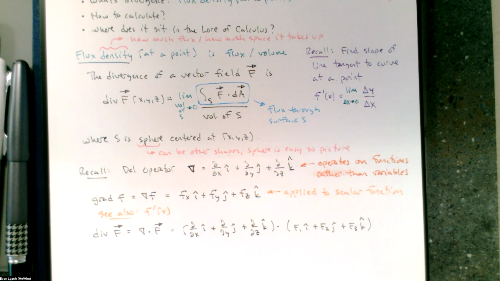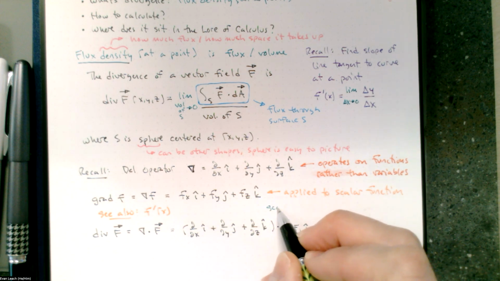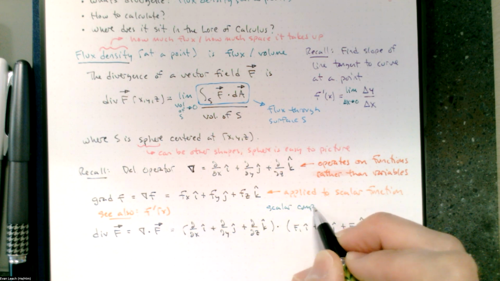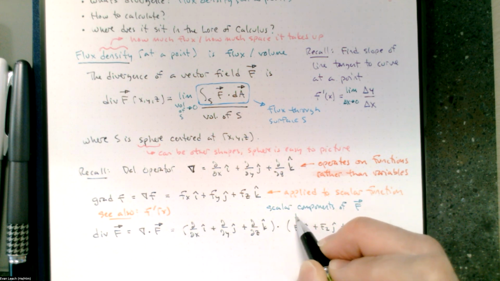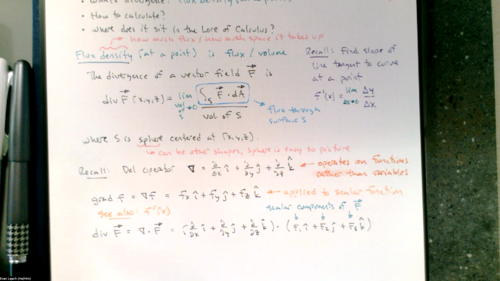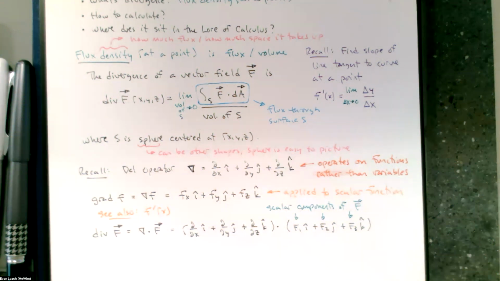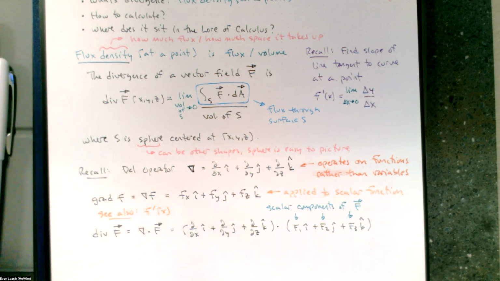I didn't specifically state that the vector field had the three scalar components f1, f2, and f3, but f1, f2, and f3 are scalar functions that are components of the vector field f. And we should note that f1, f2, and f3 are all functions of x, y, and z. I just didn't want to write of x, y, and z so many times. But we can see how it works out.